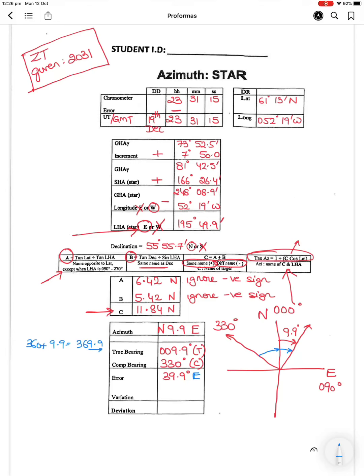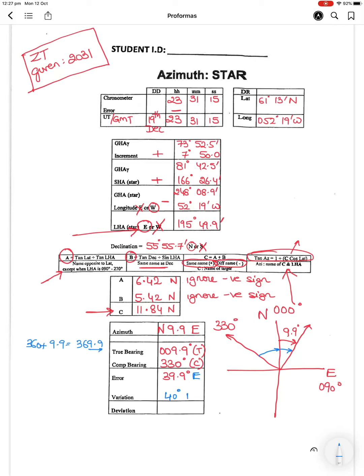That's why you are actually comparing 369.9 with 330. That's why true bearing is more and compass is less. Compass least, error east. We cannot compare 9.9 to 330; we have to make it a larger number by adding 360. Otherwise the error would be somewhere around 321 degrees east, which is not possible. So that is where your error is east, because your compass is least.